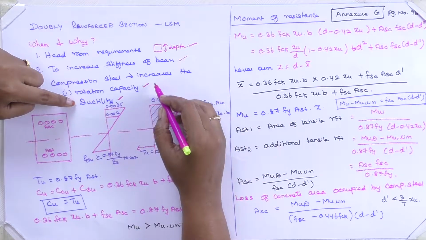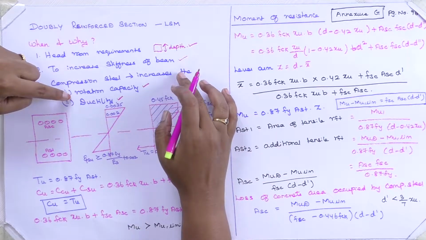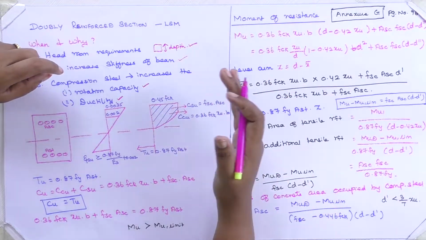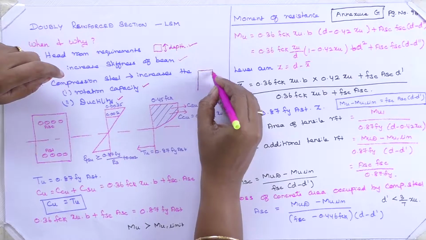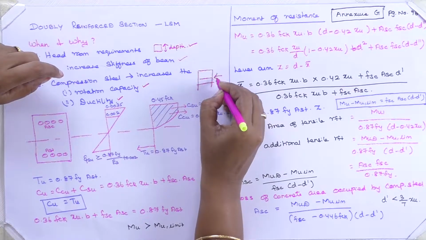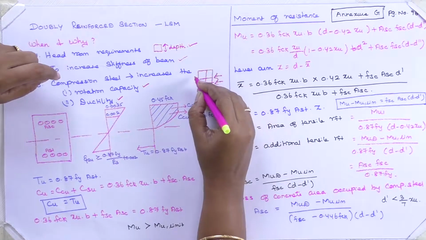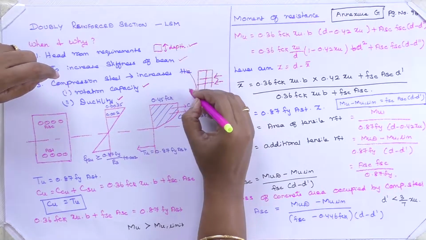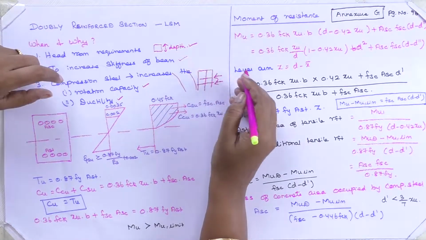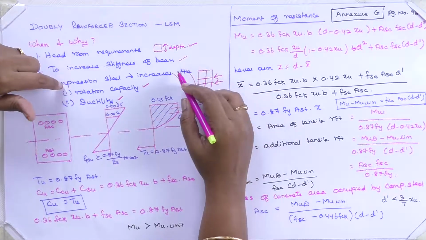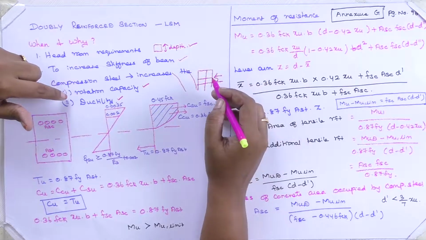Why do we need these two elements? When our structure is subjected to seismic forces, the lateral force acting along your structure, it will be deflected in this fashion, right? So, it will induce some rotation. To increase my rotation capacity, I can go for compression steel.